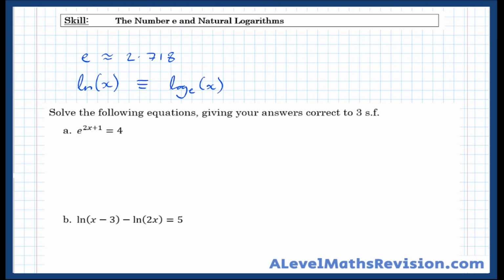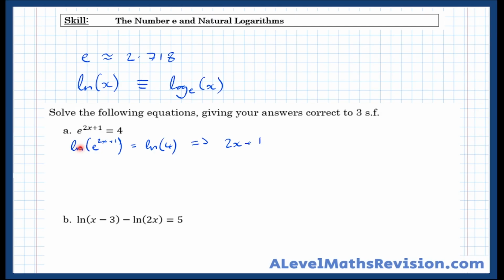So it says solve the following equations, giving your answer correct to three significant figures. e to the 2x plus 1 equals 4. What we're going to do is log both sides, but we're going to log both sides base e, i.e. natural log. So log base e of e to the 2x plus 1 equals natural log of 4. We've ln'd, natural logged both sides, which means that log base e of e to the 2x plus 1 is just 2x plus 1.